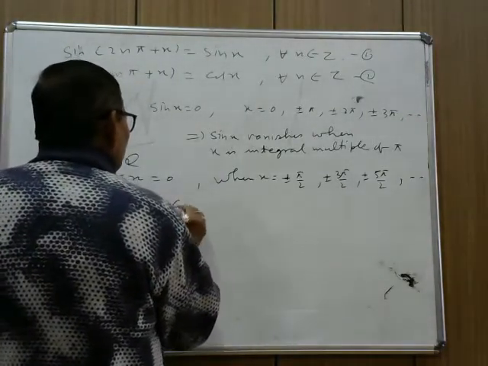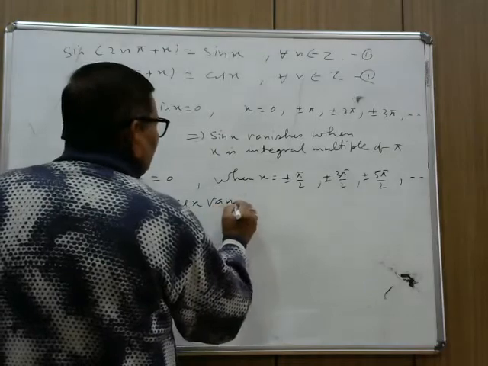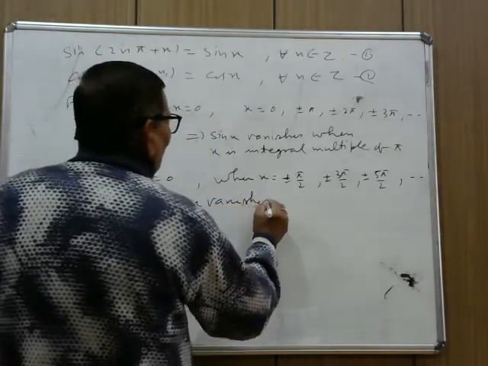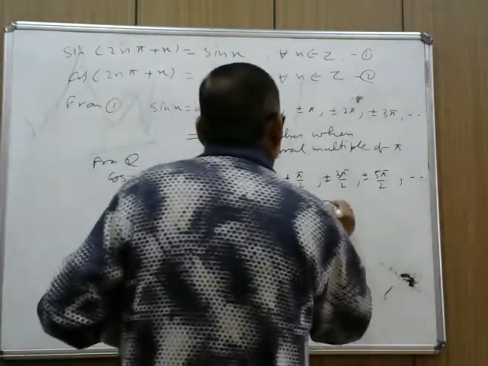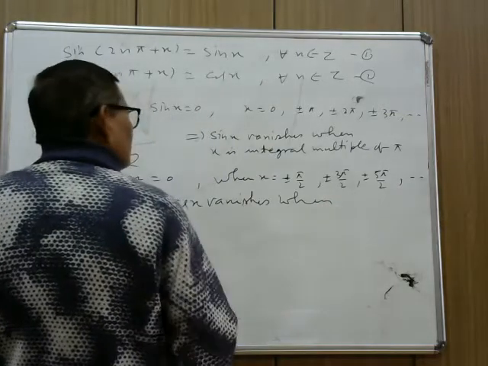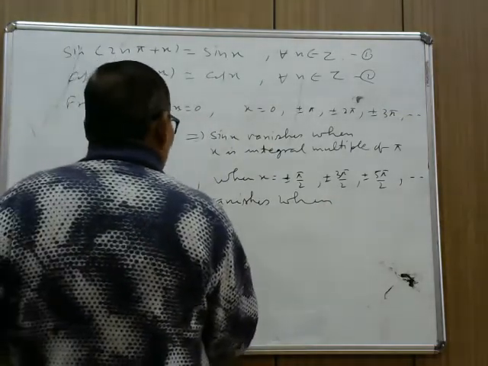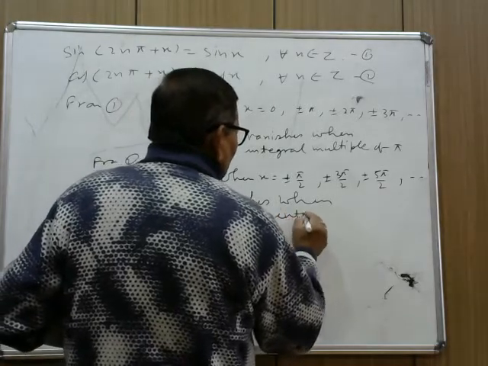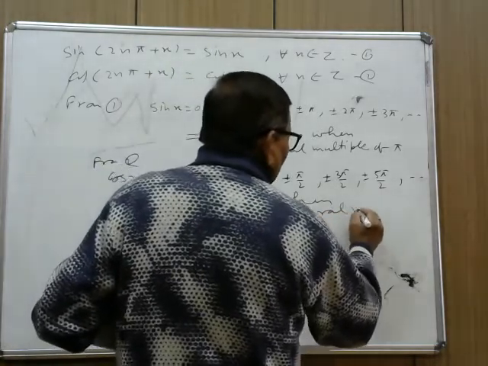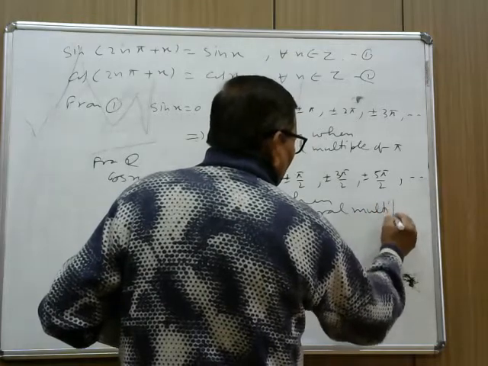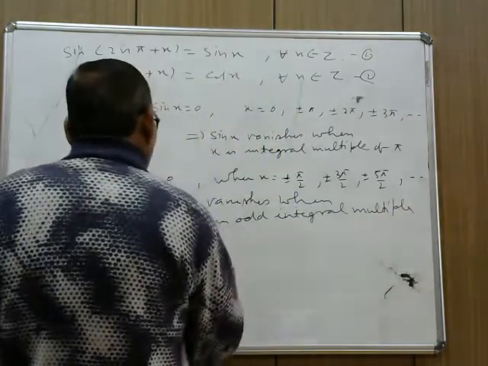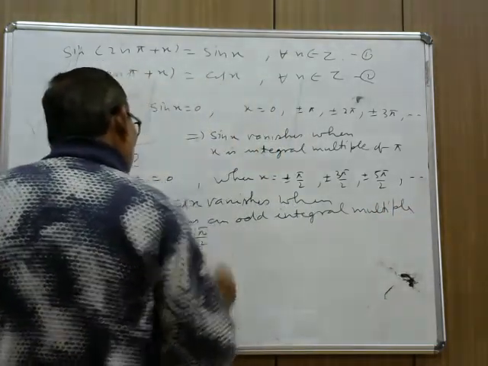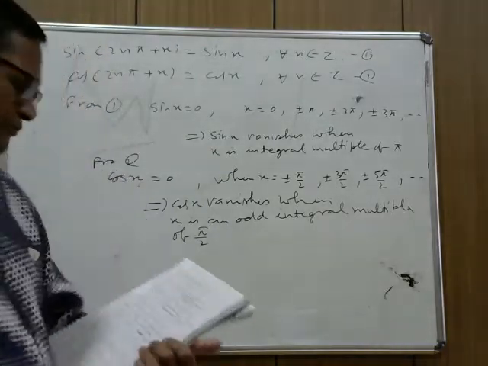This implies that cos x vanishes. Then its value is 0 when x is an odd integral multiple of pi by 2.